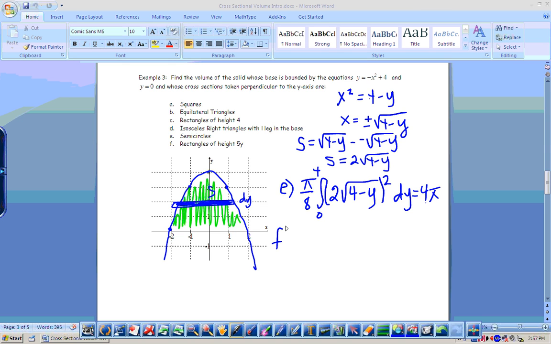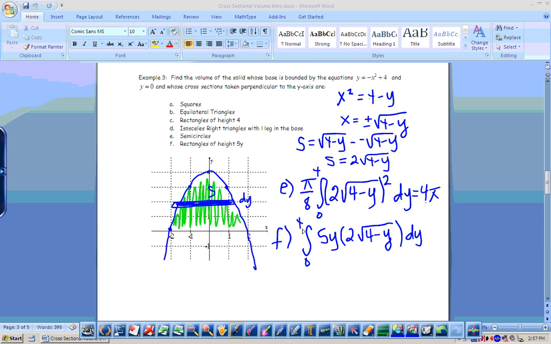F are rectangles of height 5y. This is kind of similar to the last one on example 2. The length of the rectangle is still s, or 2 square root of 4 minus y, and the height is 5y, so the area of each rectangle is 5y times s. So I have to integrate 5y times s, which is 2 square root of 4 minus y, dy from 0 to 4.